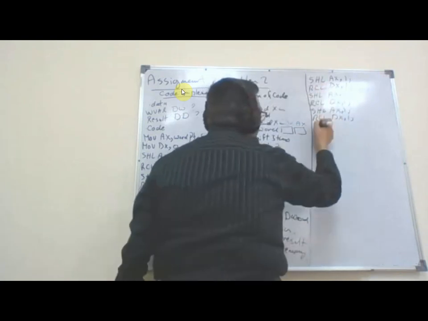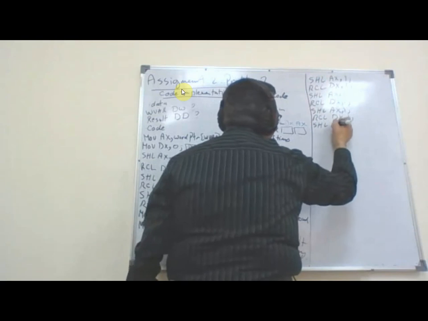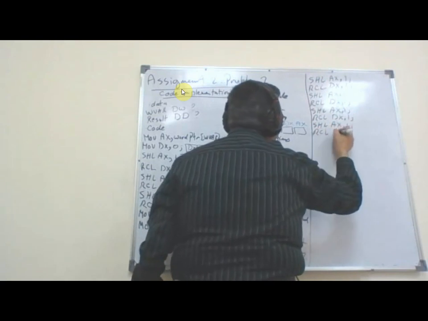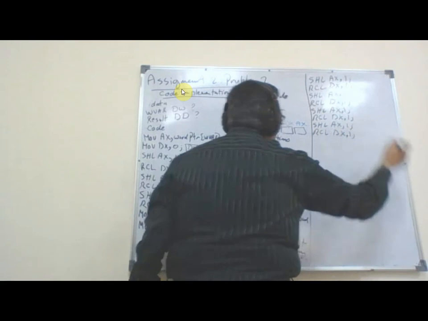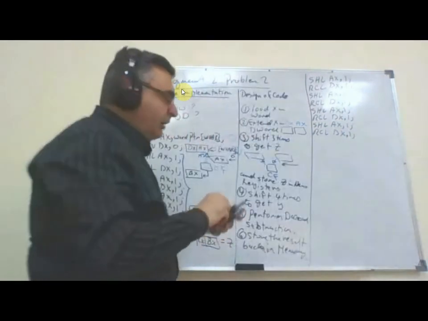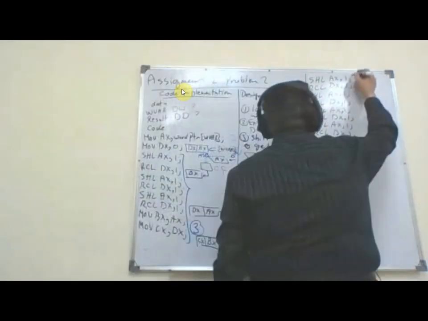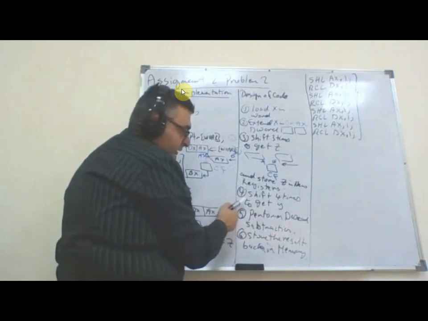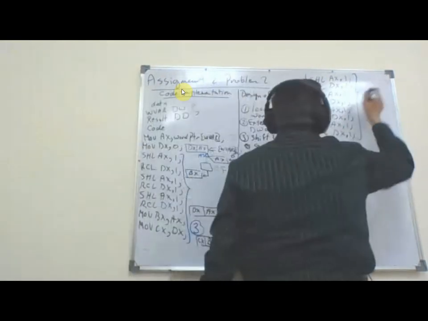One, two, three, one more time. After performing this, I actually produced what? I get the value of Y.